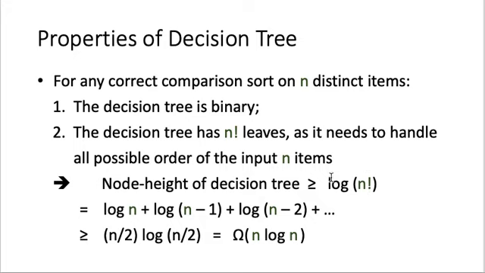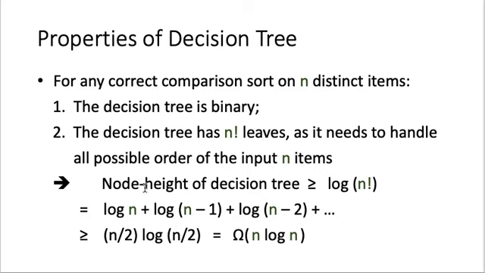Now, the value of log of n factorial. If we look carefully, what is n factorial? N factorial is n times n minus 1 times n minus 2, and so on and so forth up to 1. So this one can be expressed as log of n plus log of n minus 1 plus log of n minus 2, and so on and so forth. There are n terms all together here, adding up together.